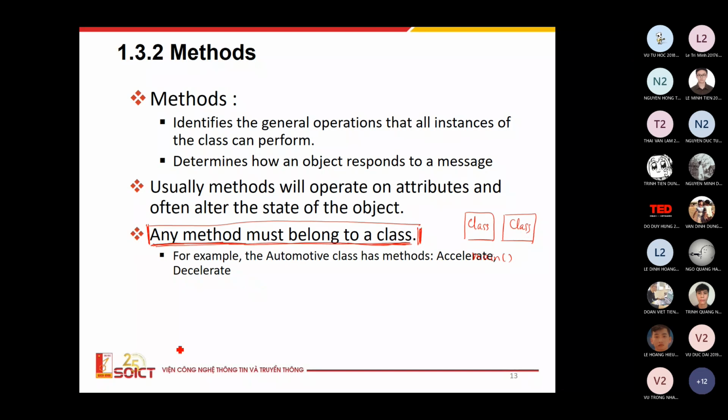And this is another example: when you have the automobile class, you will have methods to describe that it can accelerate or decelerate, for example. I think this is just a reminder, so I can go quickly, and I hope it can remind you about the first lesson we learned already.